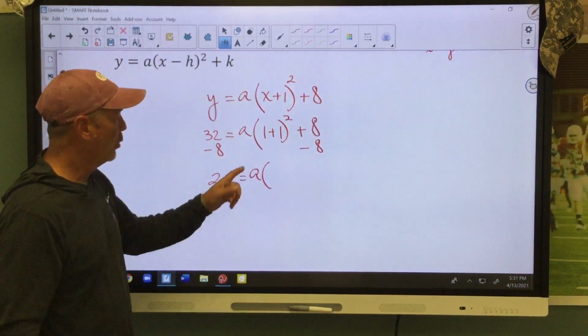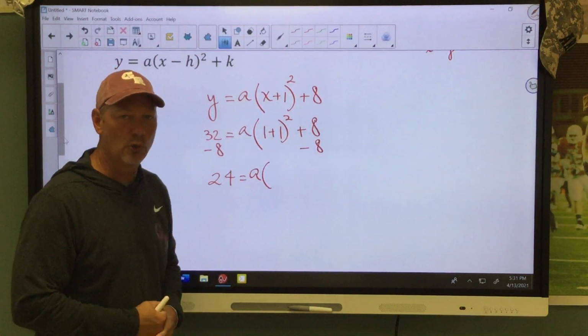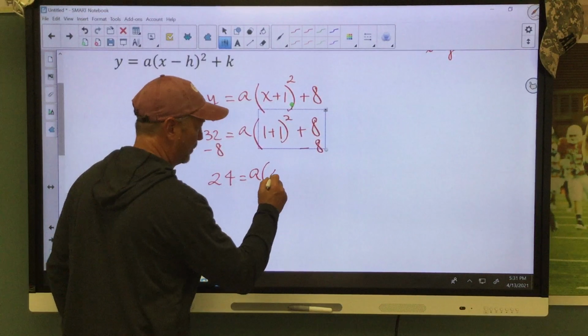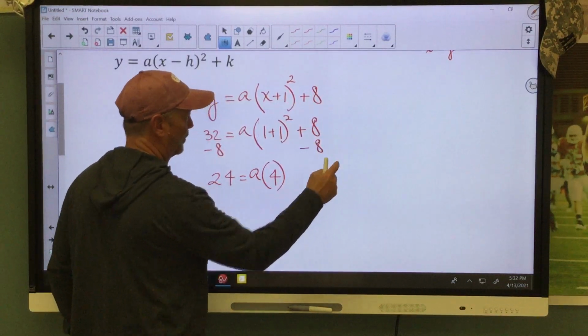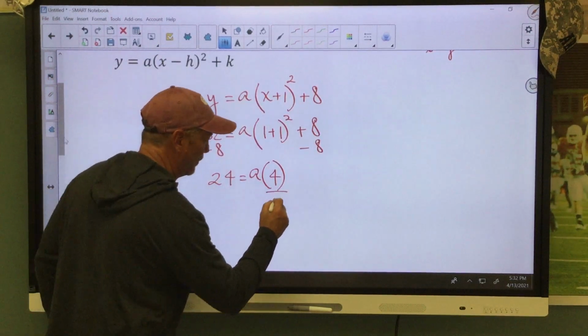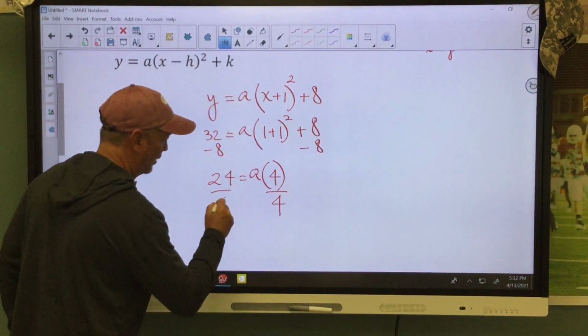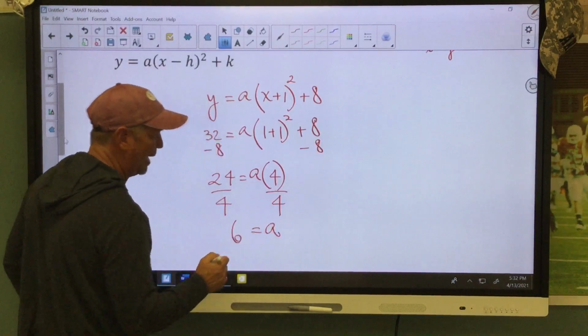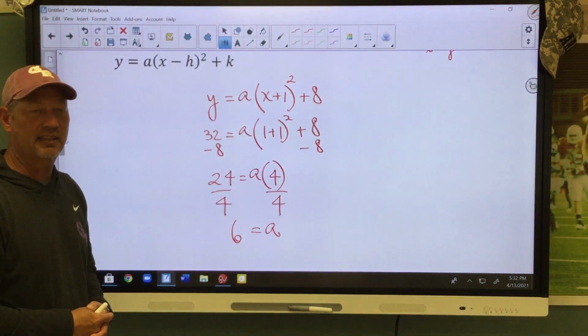Do a little math here. 1 plus 1 is 2. 2 squared is 4. Now I want to get my a by itself, so we're going to divide by 4. And we're going to find out that 6 equals a. My a value is 6.